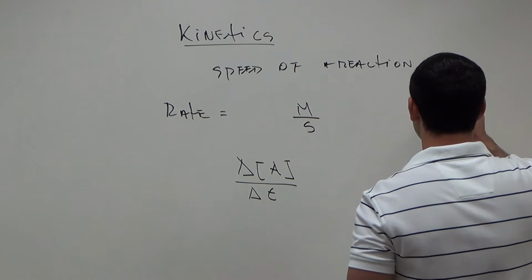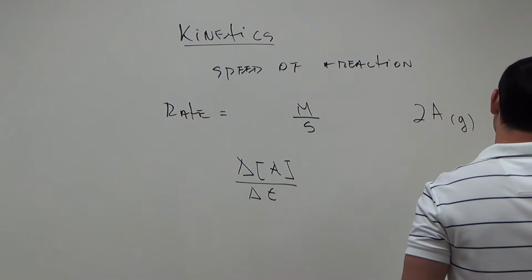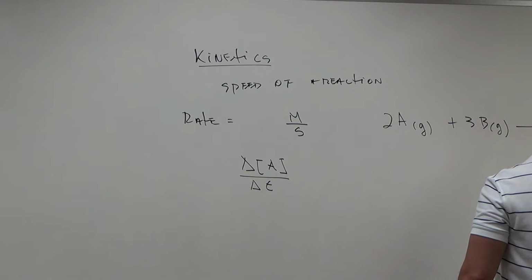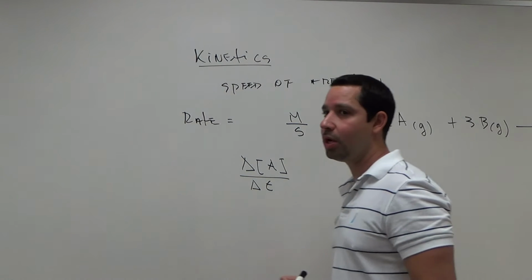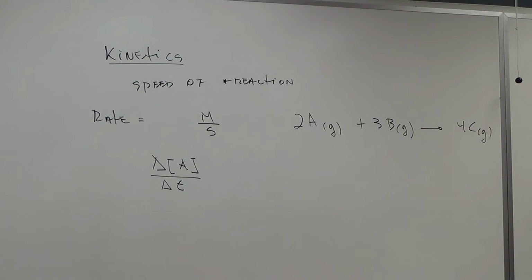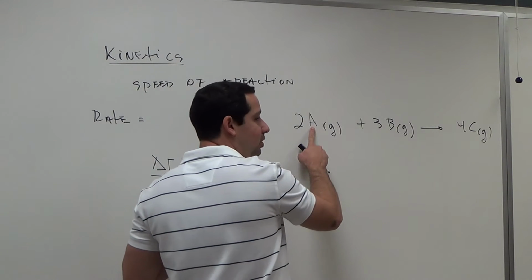So let's say we have this equation, and I wanted to find the rate. There are two different mathematical manipulations of it. How fast does this disappear?